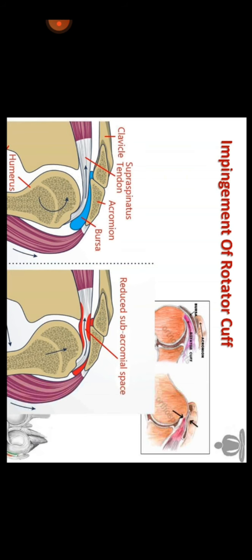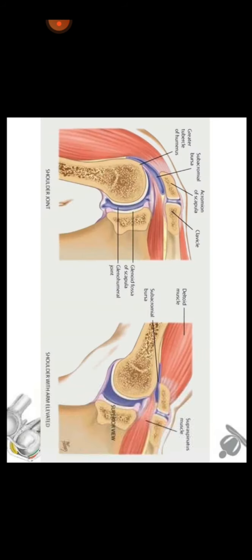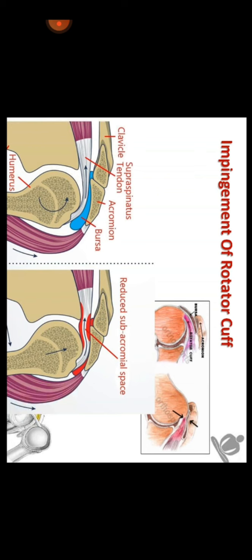So you can see this in the diagram. Traversing the gap between the coracoid and acromial process is the coracoacromial ligament, and this forms an arc or arch over the humeral head.